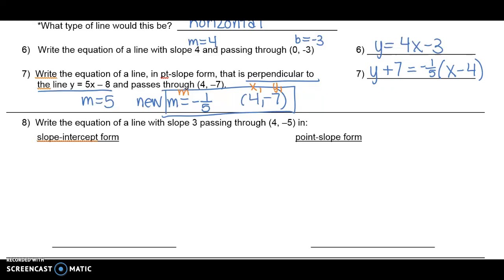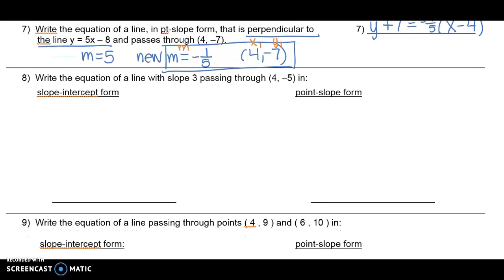Okay. Here are some additional practice problems. We're writing the equation of a line with a slope of 3 passing through 4, -5. And this is just a couple of varieties that we have. I notice that my slope is 3, and then the point that I'm given is 4, -5.